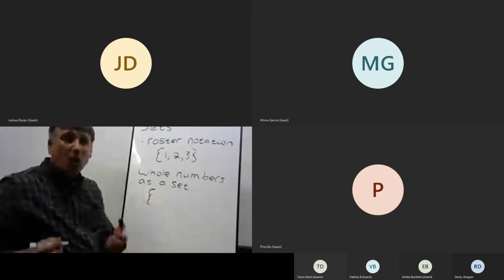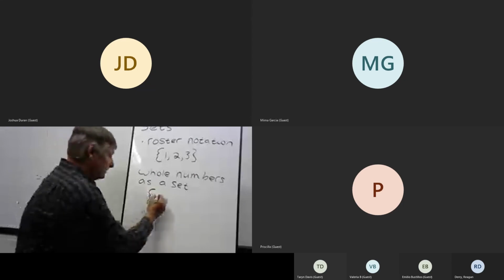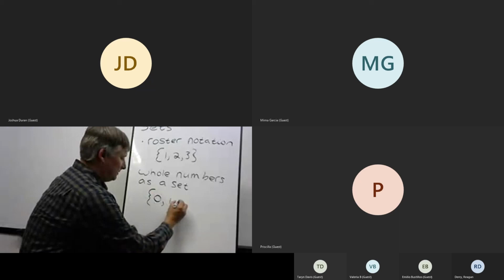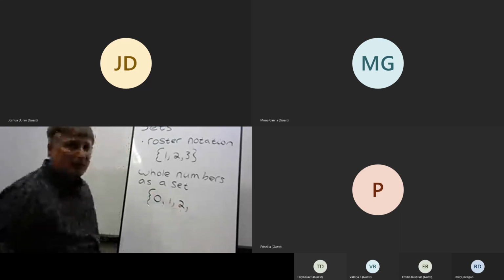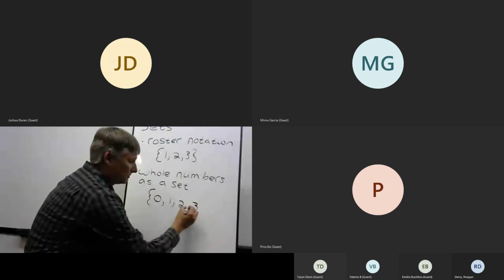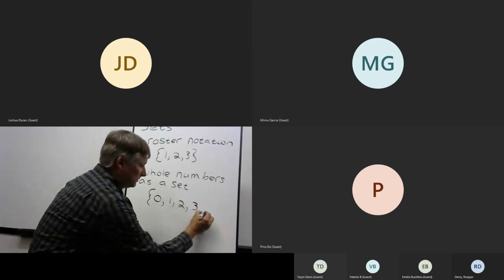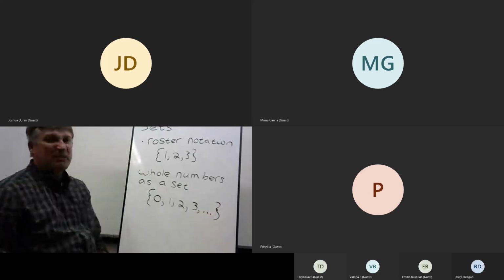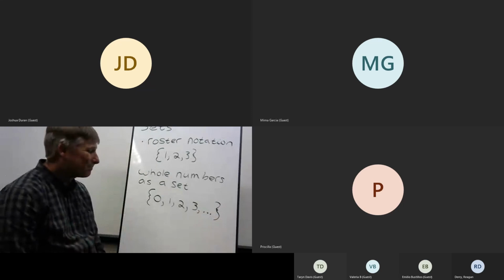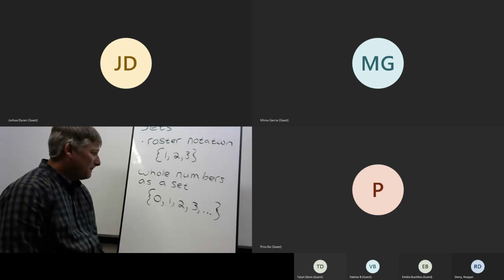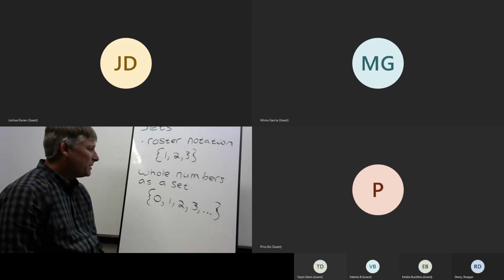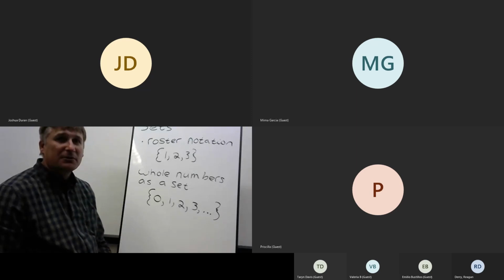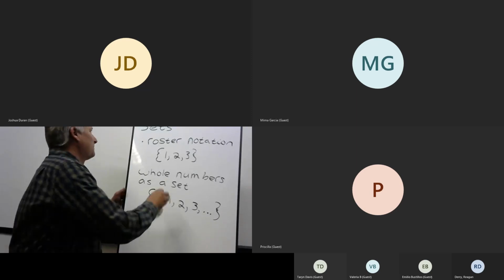We would try to list all the whole numbers. Now, unfortunately, there's infinitely many. So I'm going to quit. I'm going to put dot, dot, dot. That means just keep adding in whole numbers. So that's one way we can think of whole numbers. There's another method, though, called set builder notation.